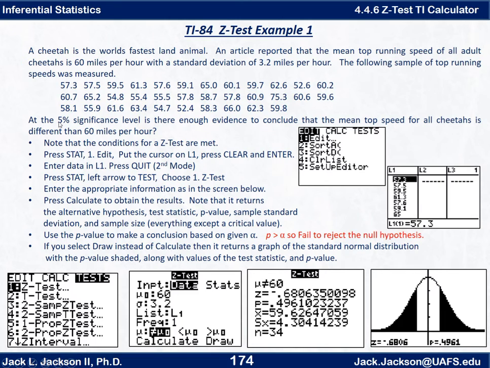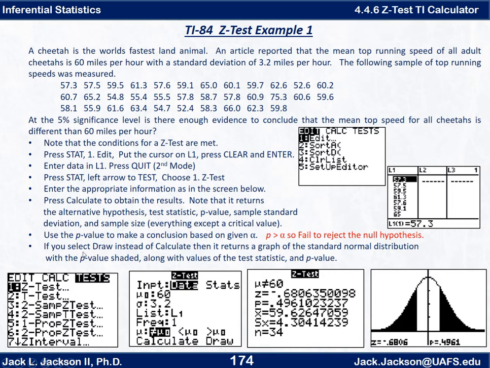This time the 5% is split in half and half, so that's 0.025 on the left side. So you would just do inverse norm of 0.025, and that would give you the critical value on the left, and then the corresponding one on the right. In this case, p is greater than alpha, and also the z star is in the non-critical region. So anyway, we fail to reject the null hypothesis.